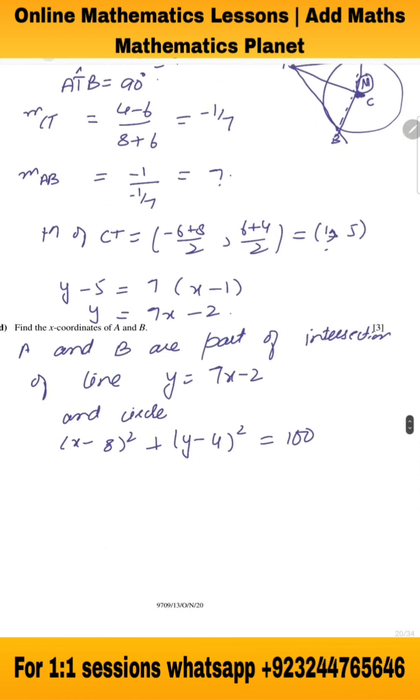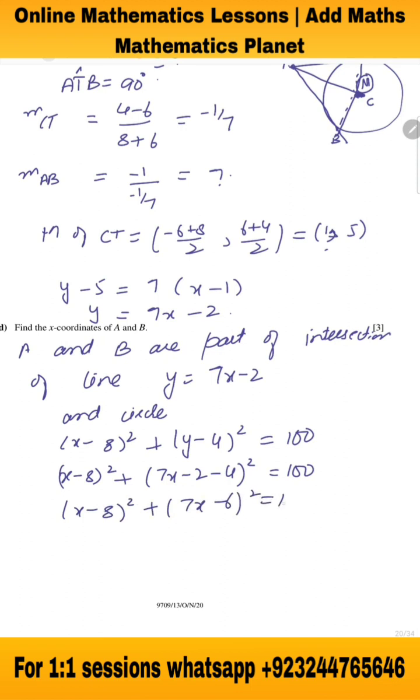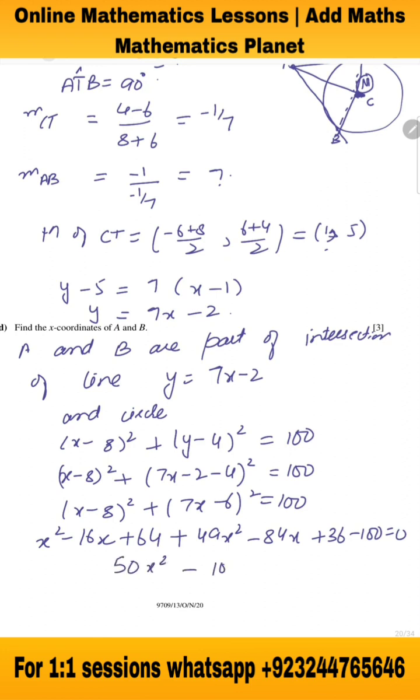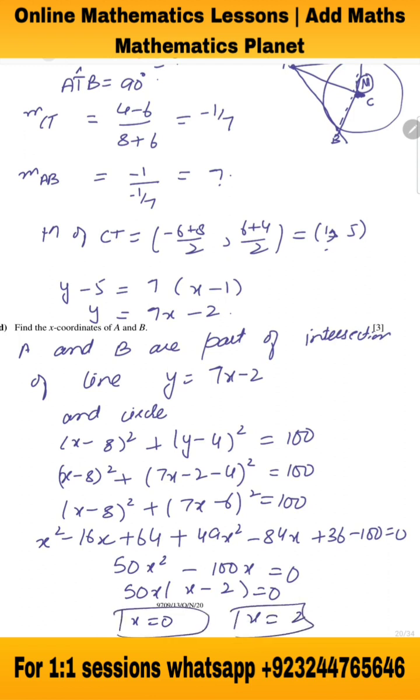So we have to substitute 7x minus 2. The x coordinates of A and B are given as x equals 0 and x equals 2.